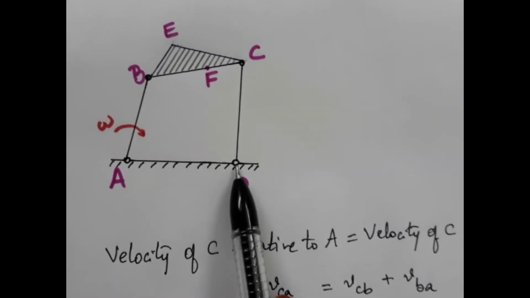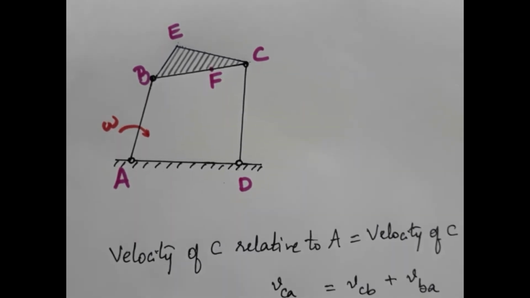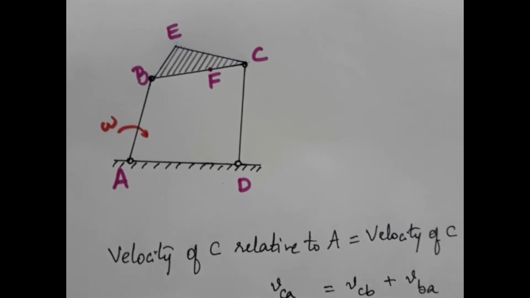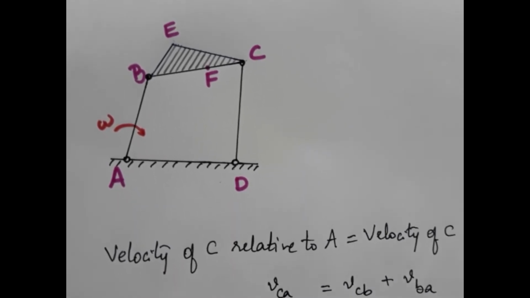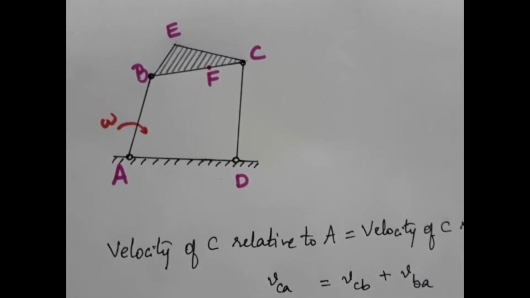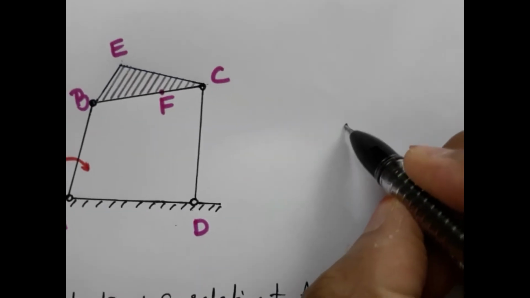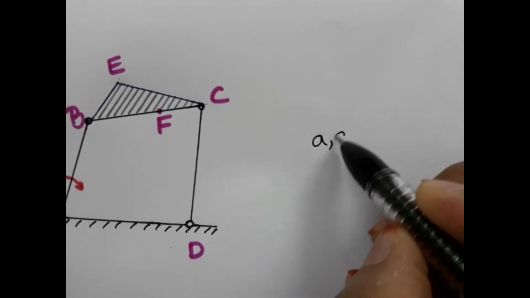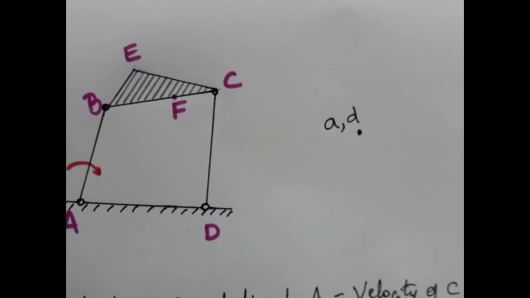When the magnitude of this relative velocity itself is 0, then on the velocity vector polygon the line will be of 0 magnitude. That means the A to D distance is 0 in the velocity polygon, so they merge at a point. The same point represents A and the same point represents D.